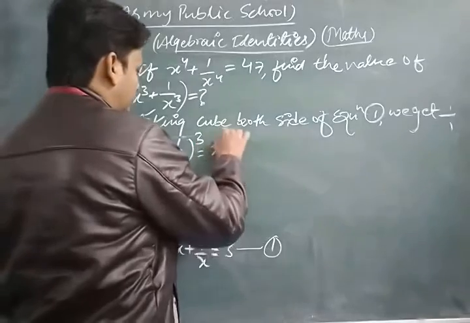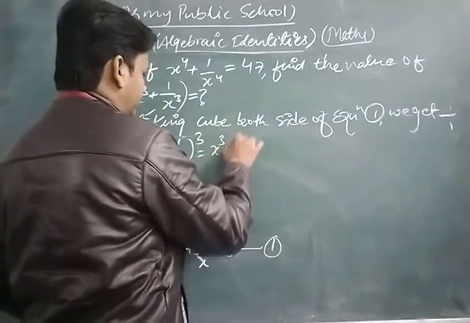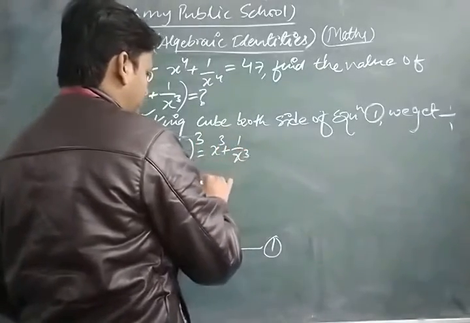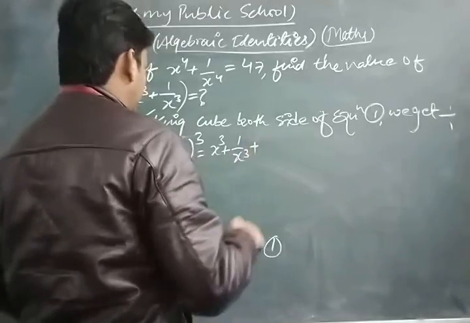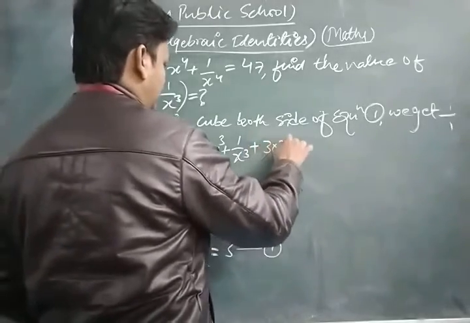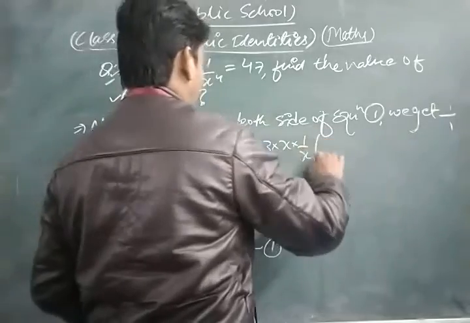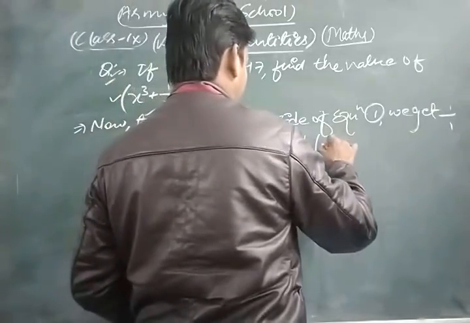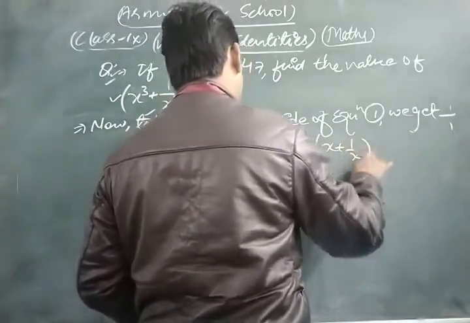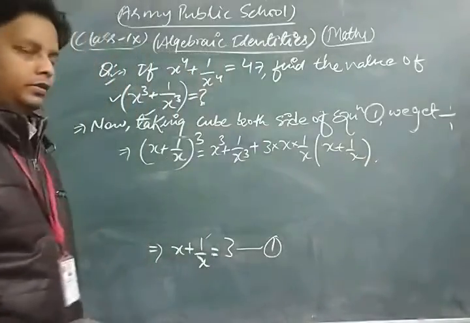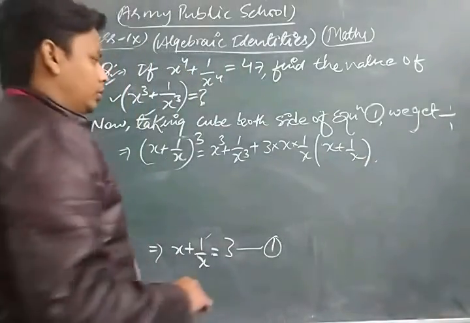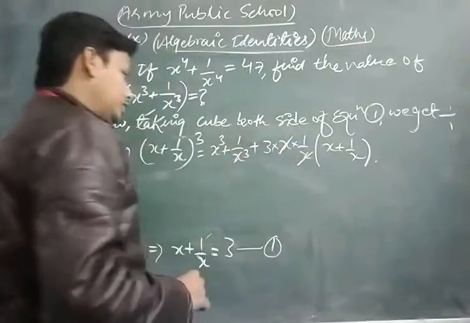Look, a cube plus b cube, plus 3ab in bracket a plus b. Okay. Now look here, x cancel to each other.